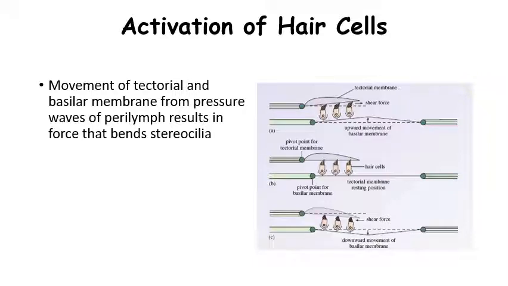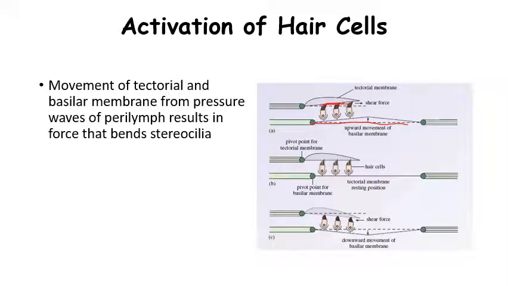So as those sound waves are moving in, they're going to move into the scala vestibuli, and they're going to be translated into the basilar membrane in which those hair cells are embedded. Those stereocilia are embedded in that tectoral membrane, and as this membrane gets moved up and forward, there's going to be a shearing force, depending on how the bending is taking place.